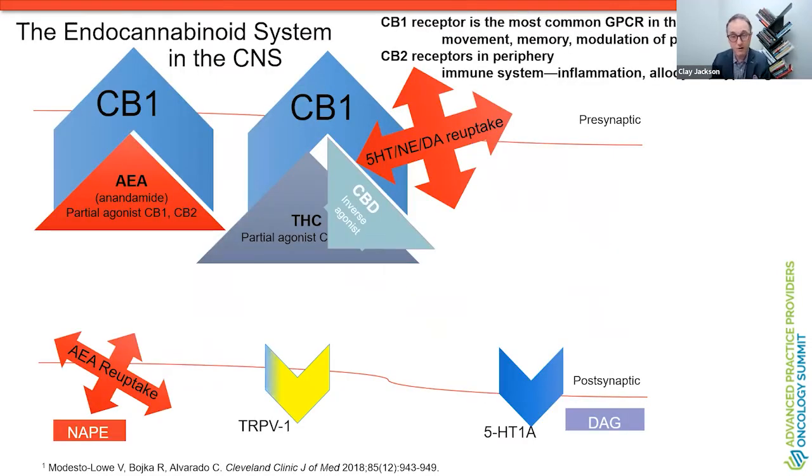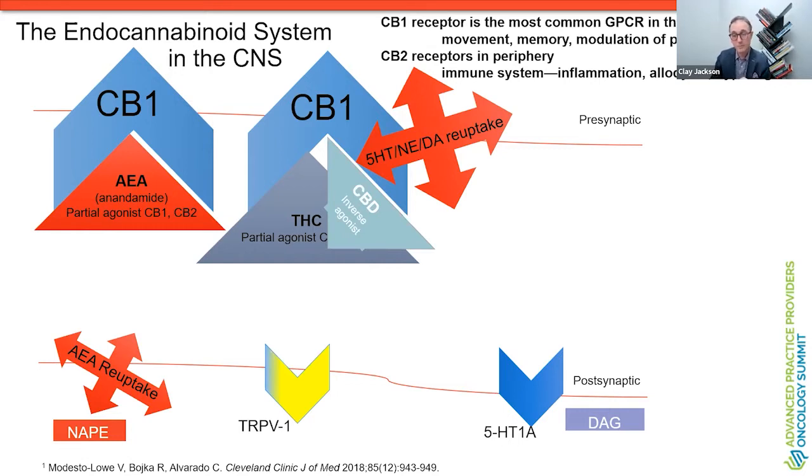Here's a very ugly slide. It also has a few builds, I believe. It shows that presynaptic vesicle at the top, blown up again. You're seeing the cannabinoid 1 receptor, and it has endogenous ligands, and then THC is a partial agonist, as well as CBD being an inverse agonist at CB1. These compounds also have other effects.